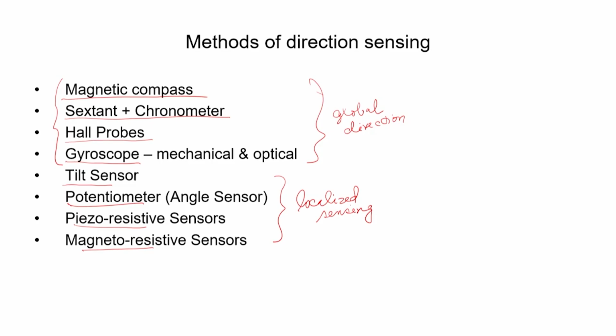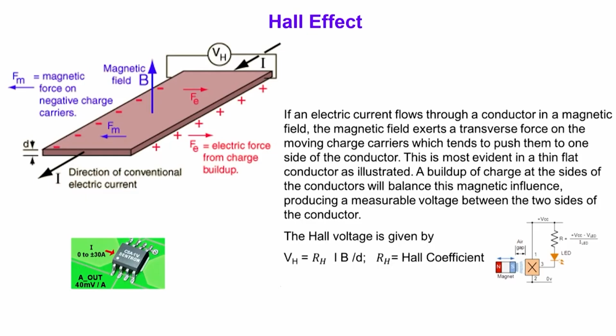For example, in the global direction, we will start with the Hall probes. That would also be necessary in order to understand the Hall effect. Hall effect is based on a very interesting phenomenon. We always know that an electric current passing through a wire creates a magnetic field as well.